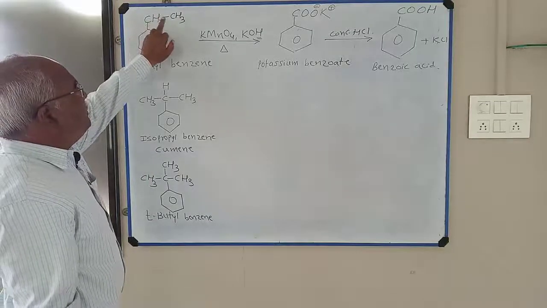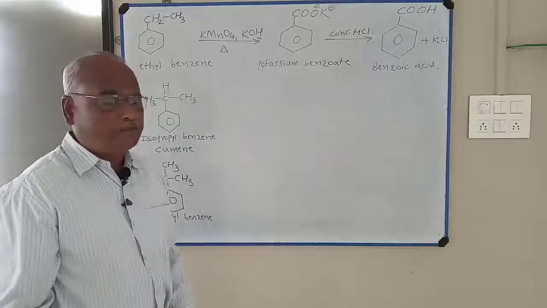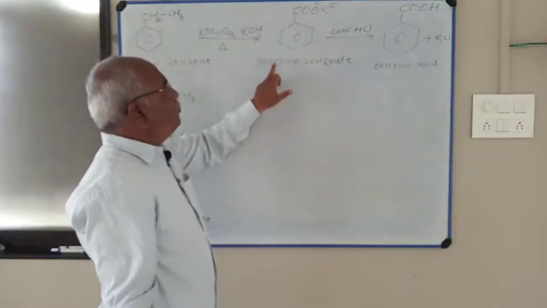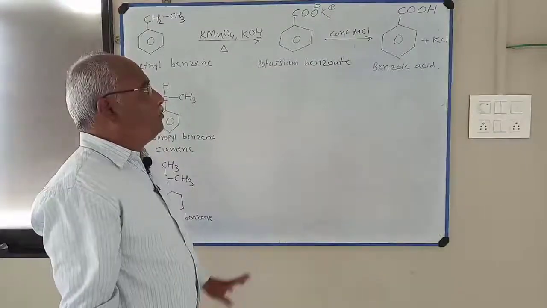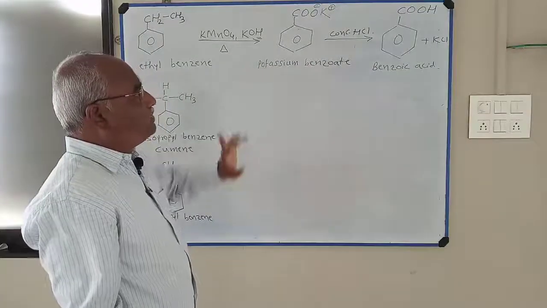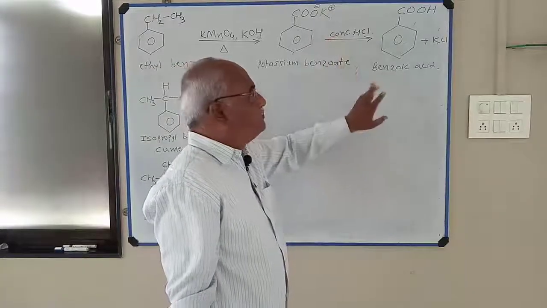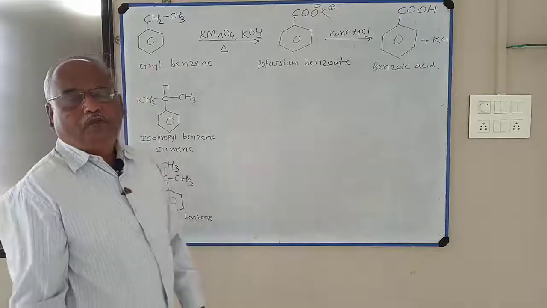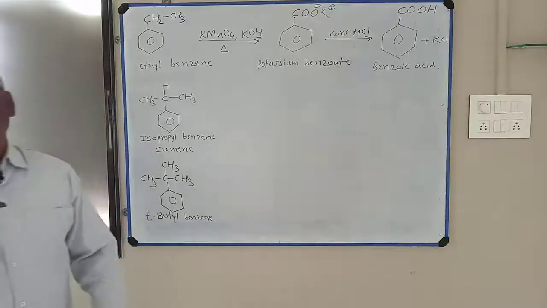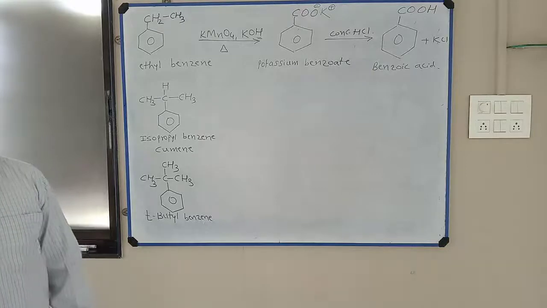Irrespective of the length of the chain, oxidation takes place, and here potassium benzoate is produced. Potassium benzoate on acidification with HCl gives benzoic acid. So by this method, aromatic carboxylic acid can be prepared.